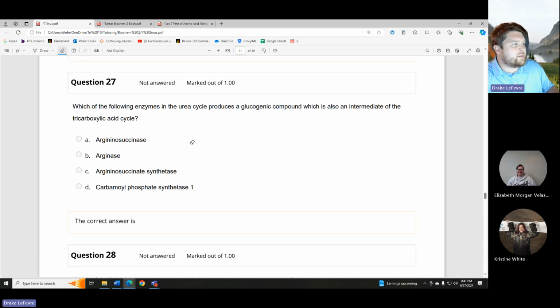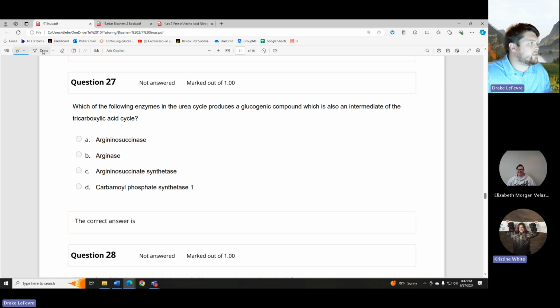Which of the following enzymes in the urea cycle produces a glucogenic compound, which is also an intermediate of the tricarboxylic acid cycle? Which of the following enzymes in the urea cycle produces a glucogenic compound, which is also an intermediate of the Krebs cycle?